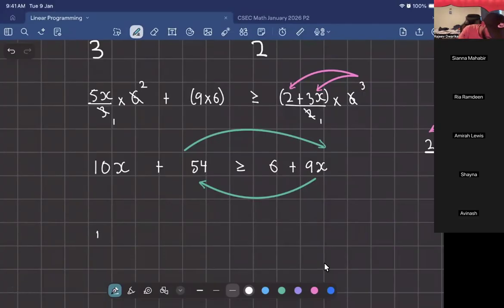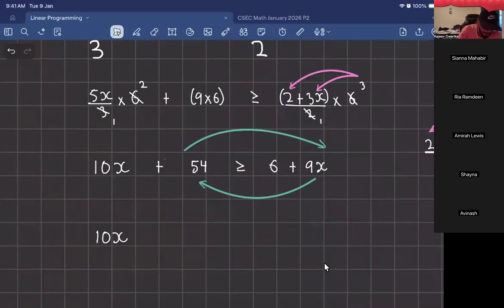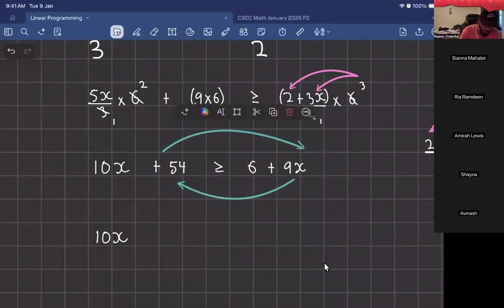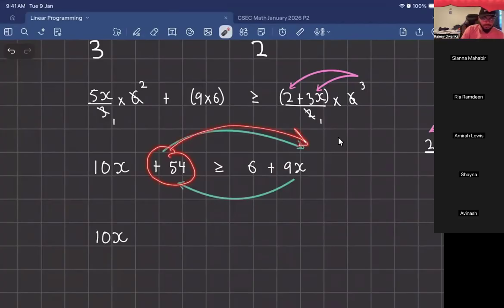10x plus 9x. Nah. So you see this plus over here, that's really plus 54, right? That's really positive 54. Anytime you take something and move it across, the sign changes, right? So you see this plus 54. If we move that across, what is it going to turn to? Negative 54. Right. And you see this positive 9x?